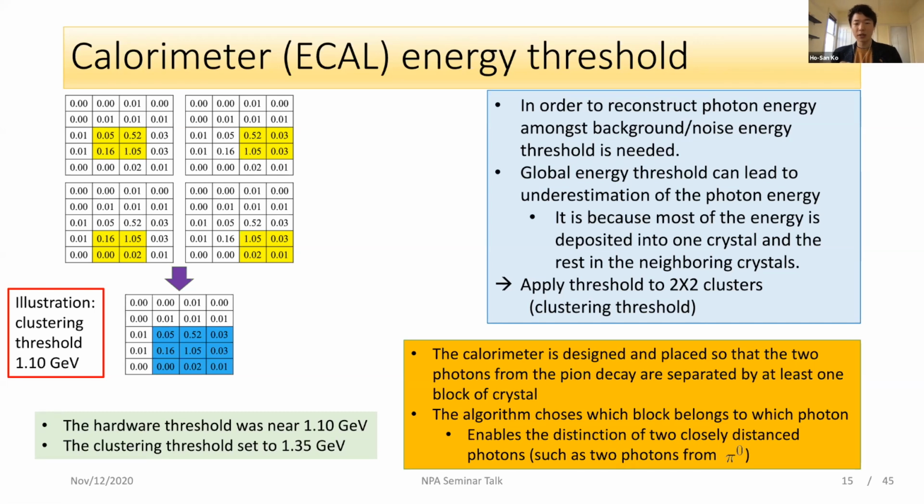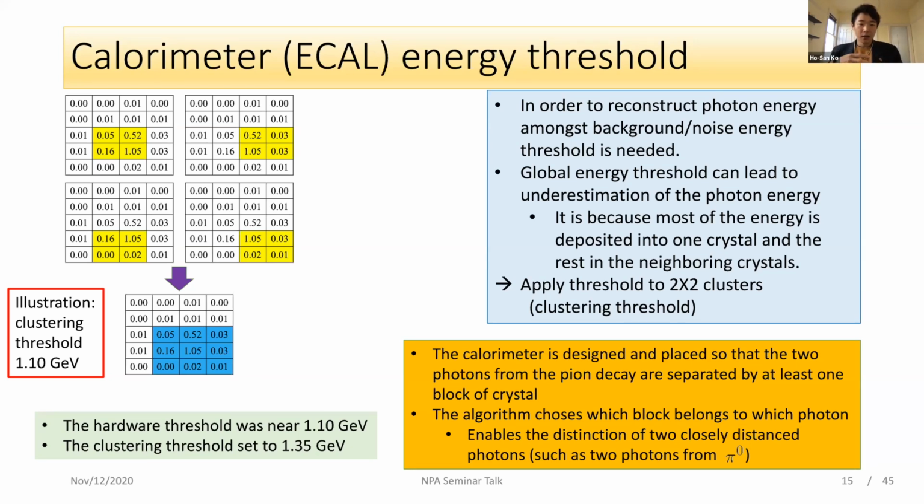So we apply the threshold on 2x2 clusters. If the sum of the energy of these 4 crystals is above a certain threshold, we use them later for reconstructing the photon position and energy.